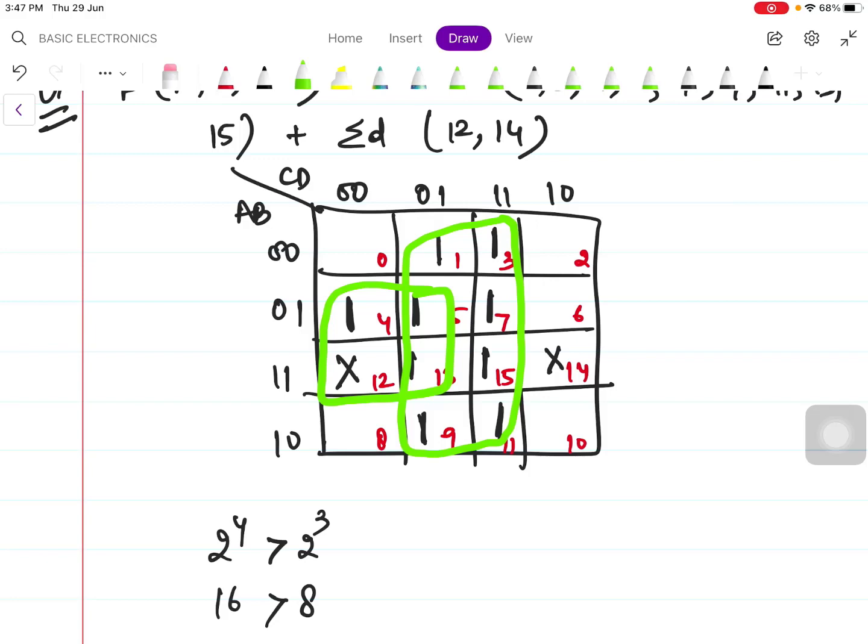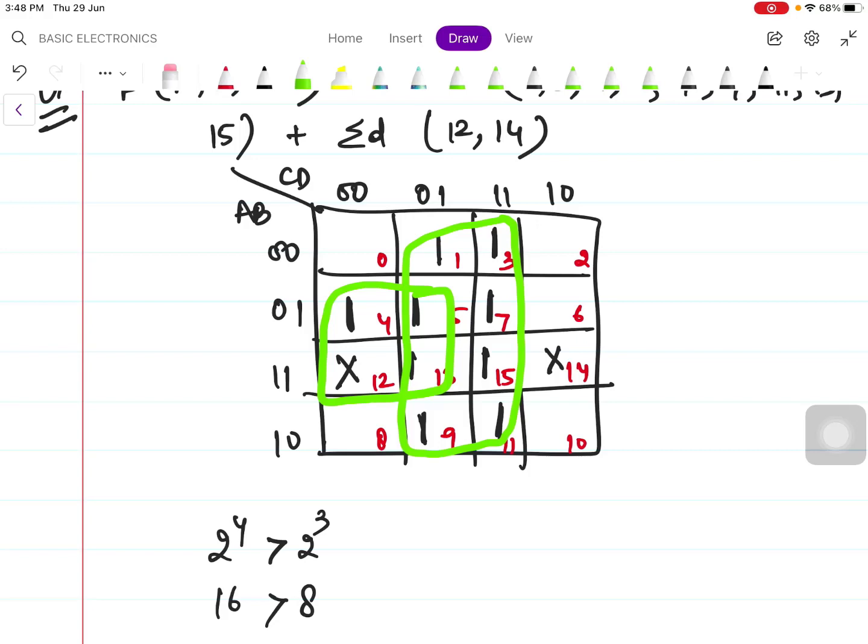Now one don't care is left ungrouped, block number 14, and we do not have to care about it. If it had been 1 in block number 14 instead of don't care, we would have made a separate group for it and written the answer for that group. But because this is a don't care condition, we do not have to bother about it, and we leave it as it is.